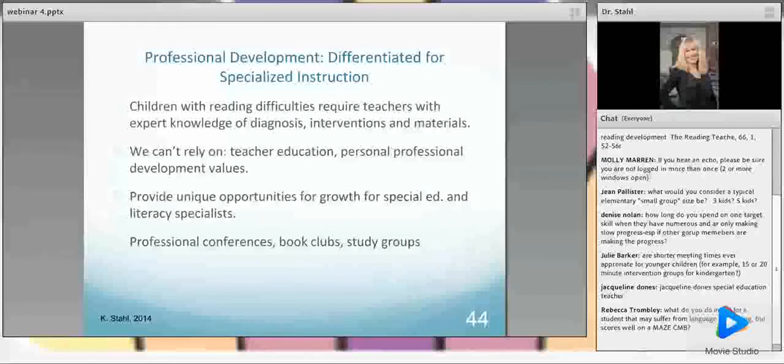And I'm embarrassed to admit it, but you really can't count on your schools of education, or you can't really count on somebody being professionally responsible and going out and learning this stuff on their own. So what is it that you can provide as a school? And I think because you only have a handful of people serving in these roles, I don't think schools can do this alone.